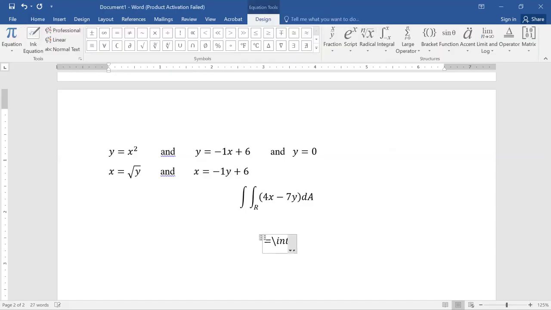what are we saying? We're saying that if we're willing to integrate with respect to Y second, Y is going to go from 0 to 4.